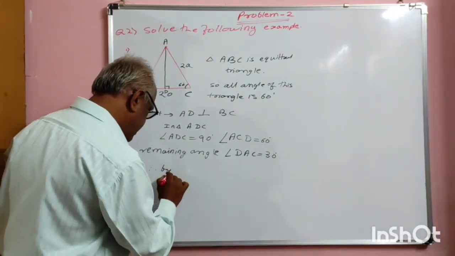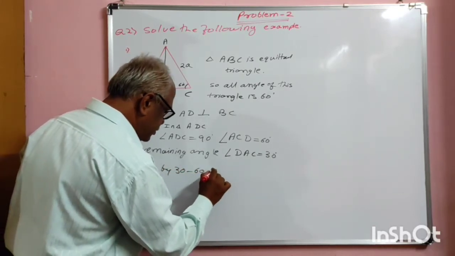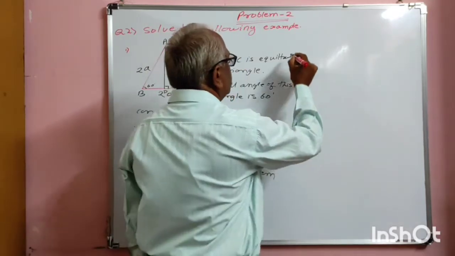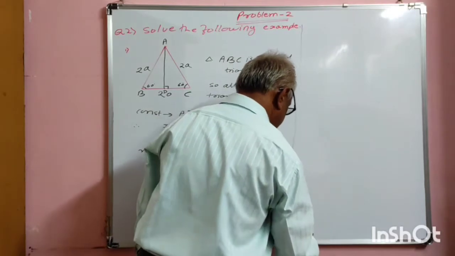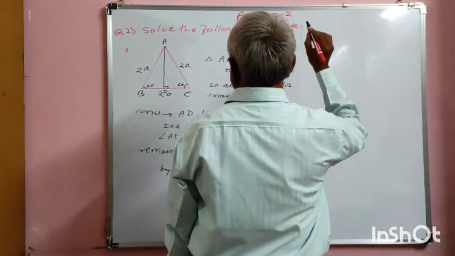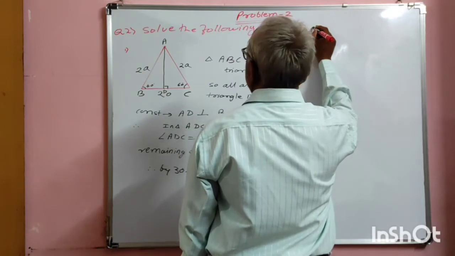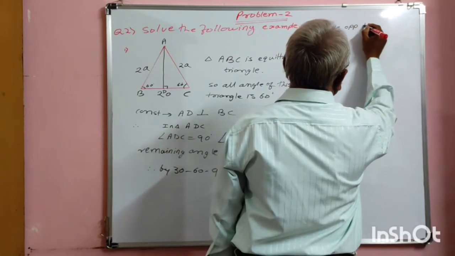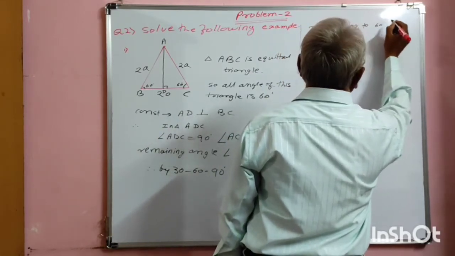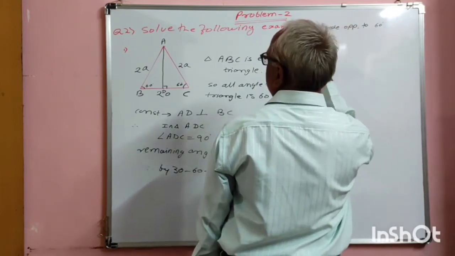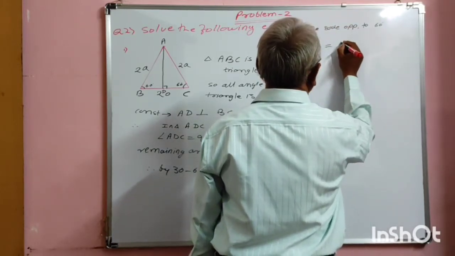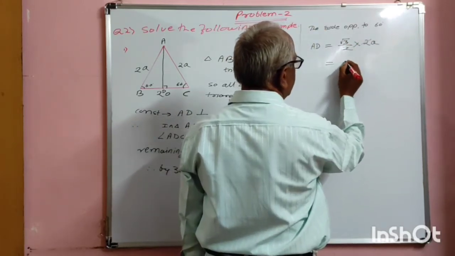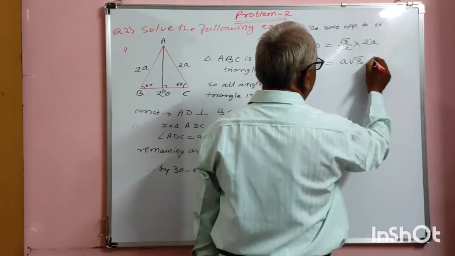Therefore by the 30, 60, 90 degree theorem, the side opposite to 60 degree, that is AD, is equal to root 3 upon 2 into 2a, that is 2 cancel, which is equal to a root 3 unit.